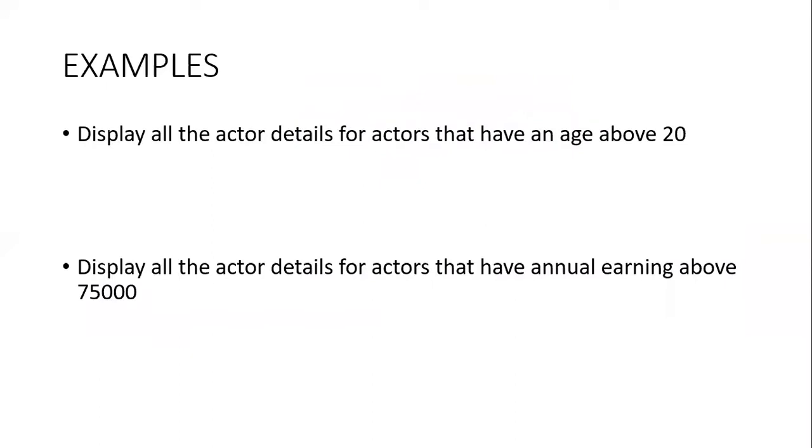So in the first example, I would like to display all the actor details for actors that have an age above 20. If we simply said display all the actor details, that would be very easy. We would say select star from TBL actors.